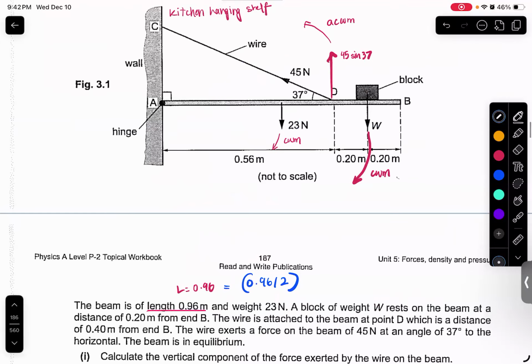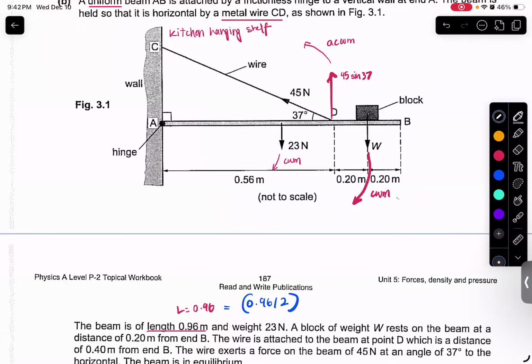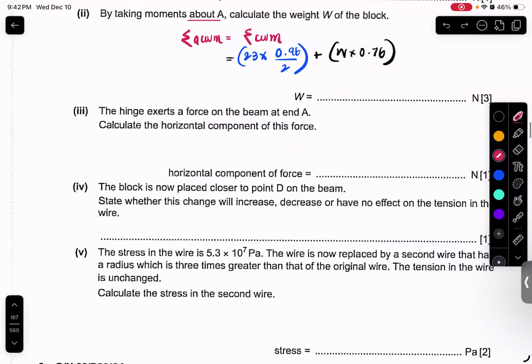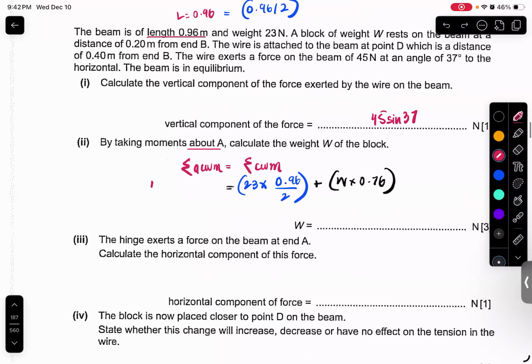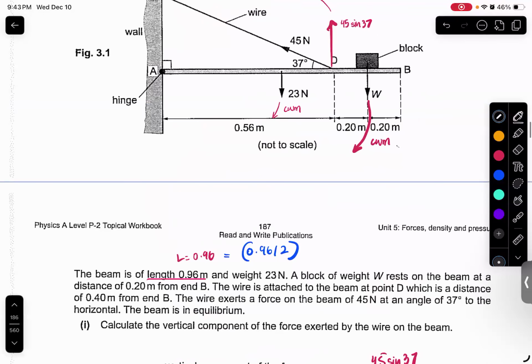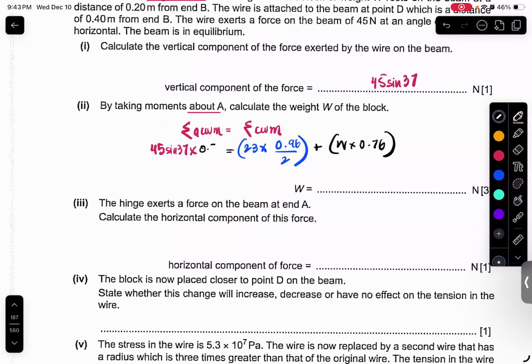And then the anti-clockwise moment by the wire is 45 sine 37 times 0.56. Okay, let's check it out.